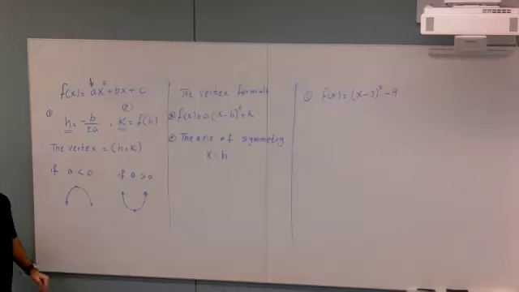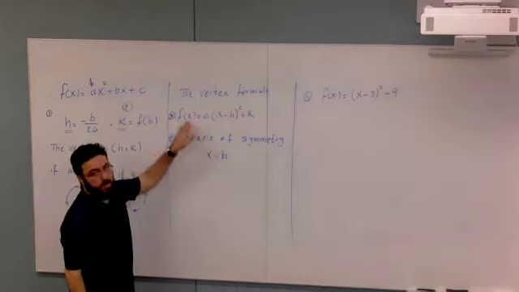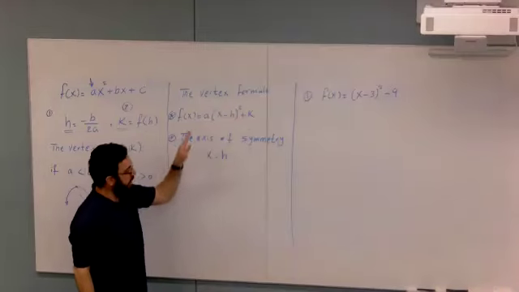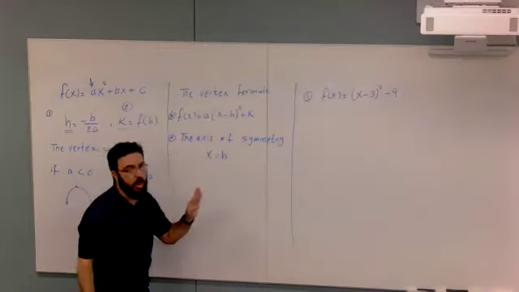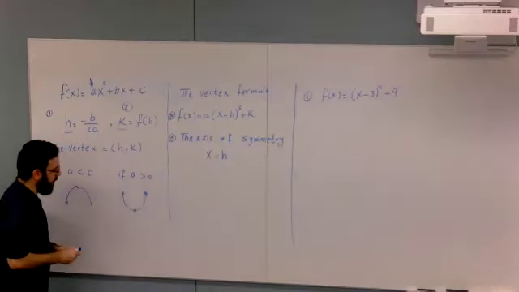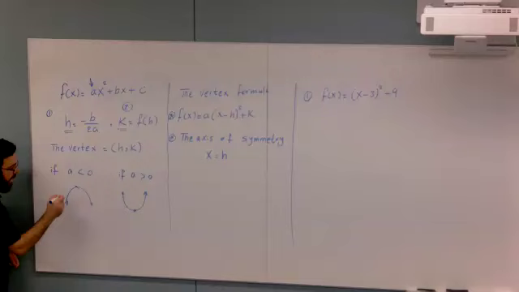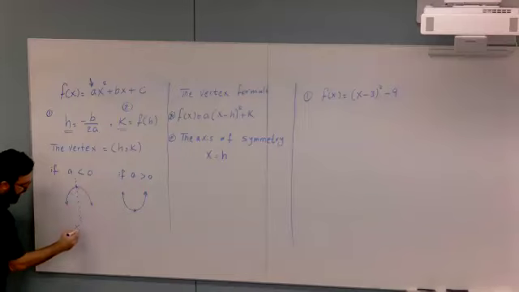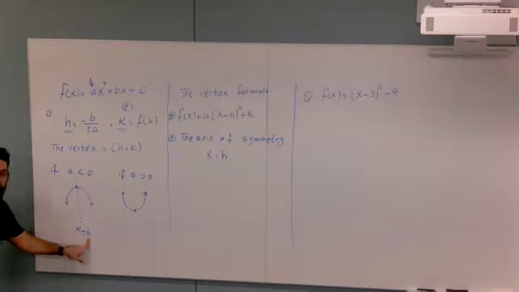Okay, so far. At the same time, we can find the vertex formula. And then if they ask you about the axis of symmetry, which is what? When you graph it on the coordinate plane, the axis is going to be x equals h. How much is the value of h?